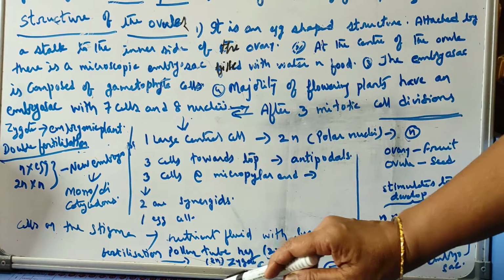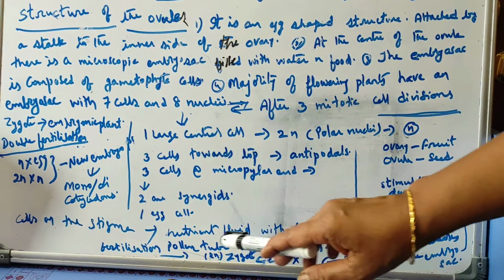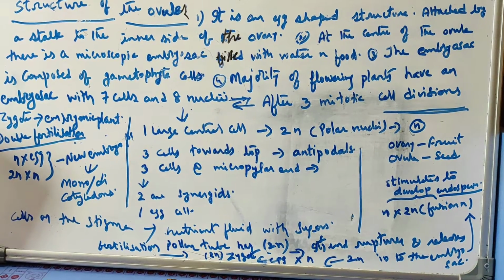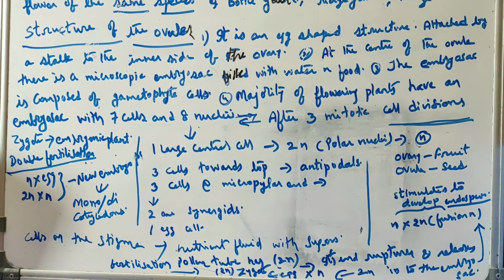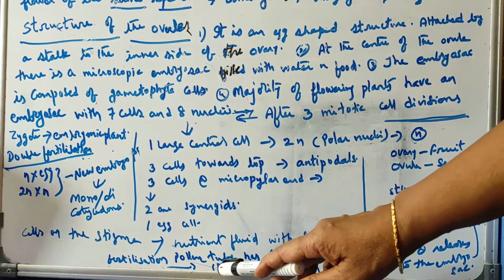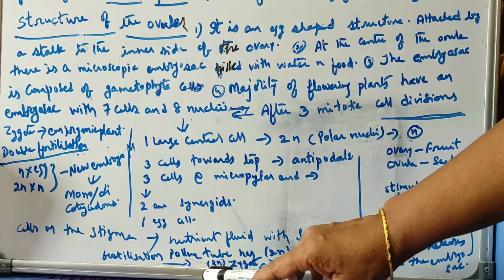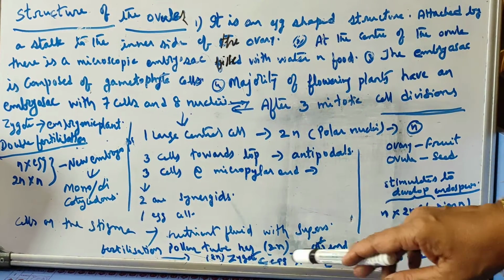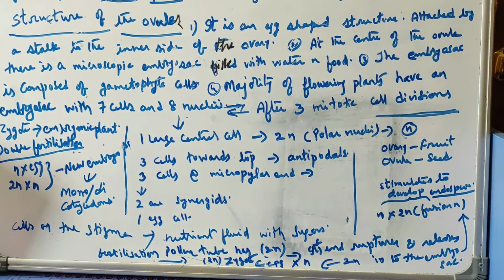Then fertilization: the pollen tube has 2 nuclei, and the male nuclei pass towards the egg. So in cross pollination, the fusion of one male nucleus with the egg gives 2n, the zygote.